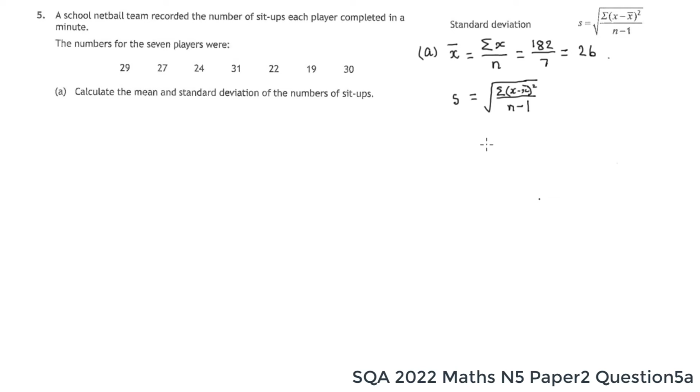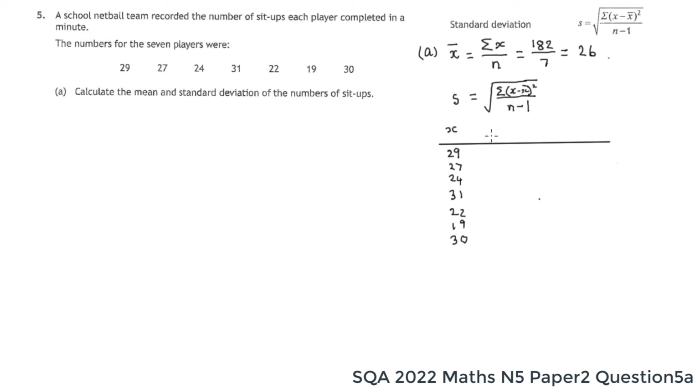Now, best I think to set out a table to do the calculations that we need for this. So the first column will involve x, each of the data points. So let's list them in the column. There's 29, 27, 24, 31, 22, 19 and 30.